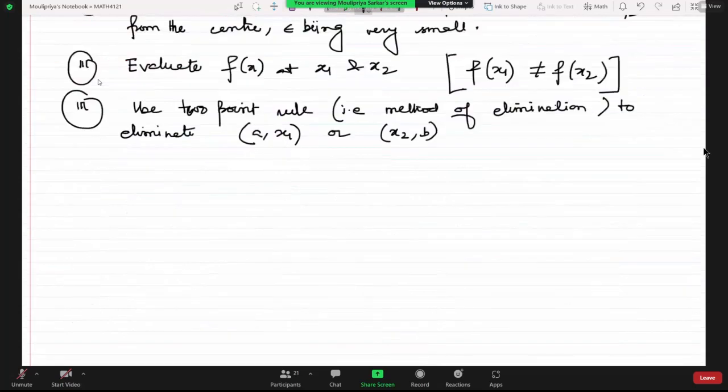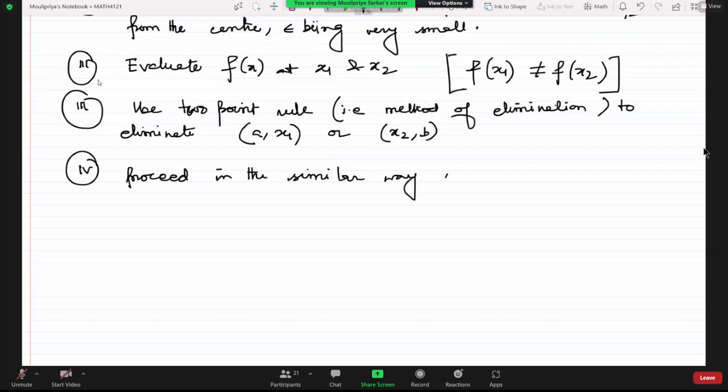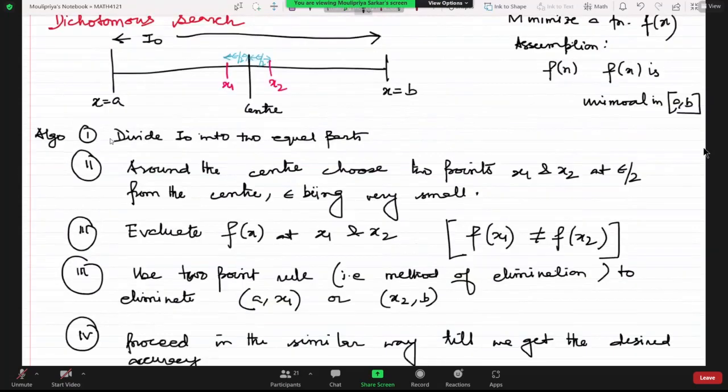And we are going to proceed in a similar way till we get the desired accuracy. Okay, could you follow the algorithm? Is everybody okay with the algorithm? Yes, ma'am.